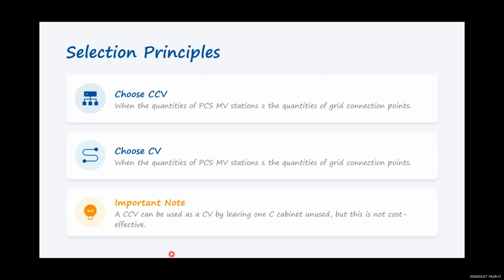So next, how to choose a CV or CCV configuration. When the quantity of PCS MV stations is more than or equal to the quantity of grid connection points, we will choose CCV.